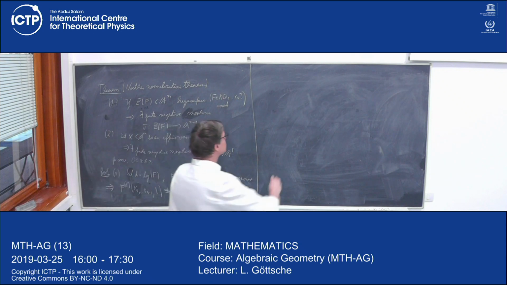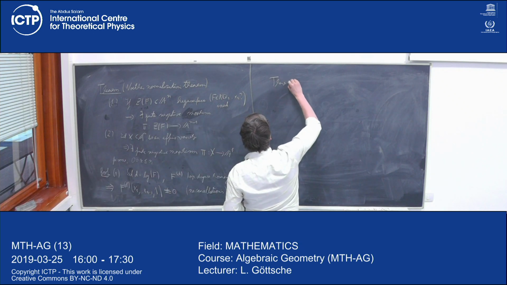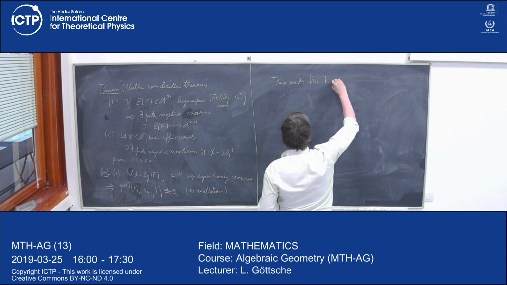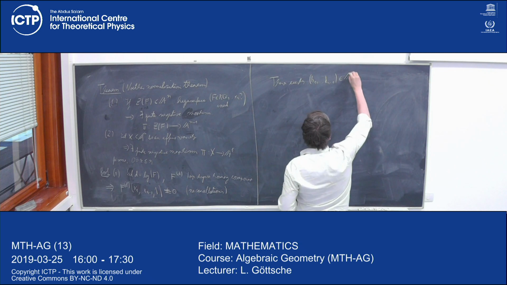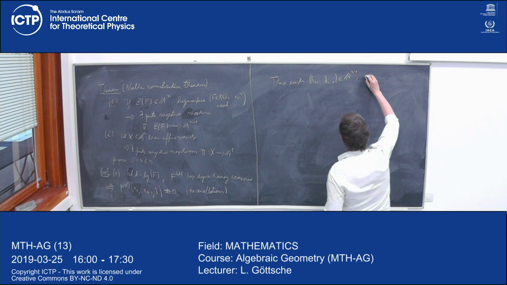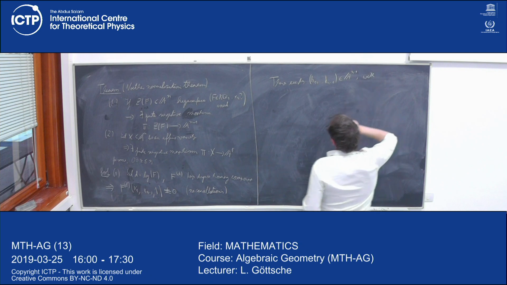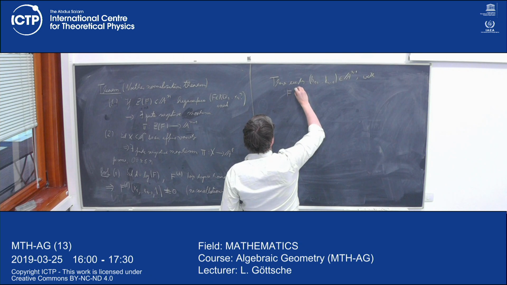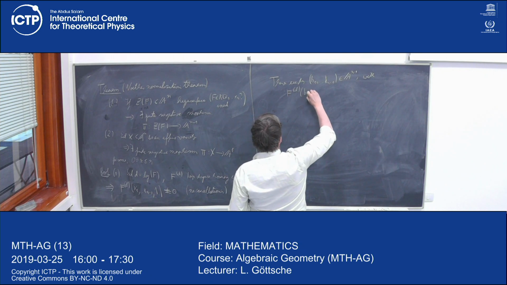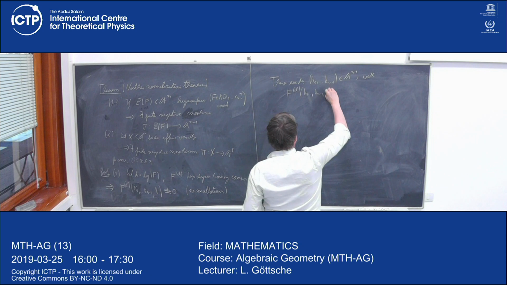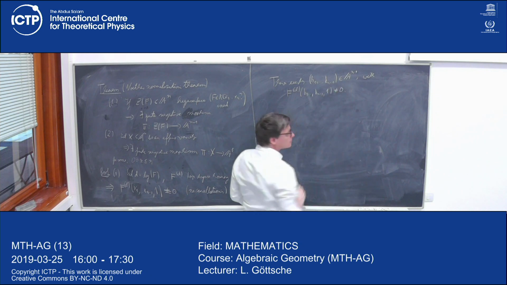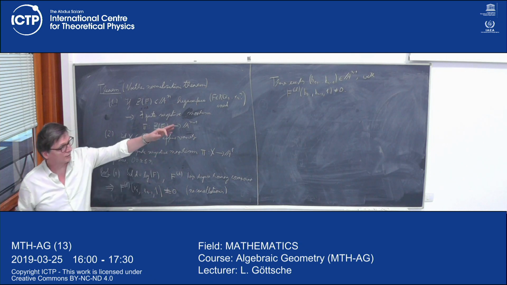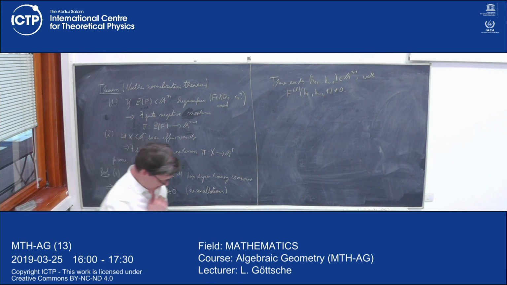So thus there exist b1 to b_(n-1) in k^(n-1) such that f_d(b1, ..., b_(n-1), 1) is non-zero. This is a non-zero polynomial in x1 to x_(n-1), so we can find something so that the value is non-zero.